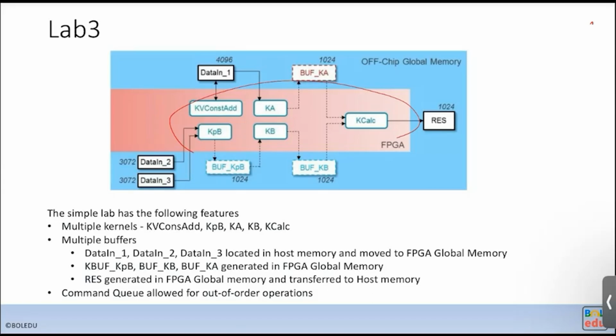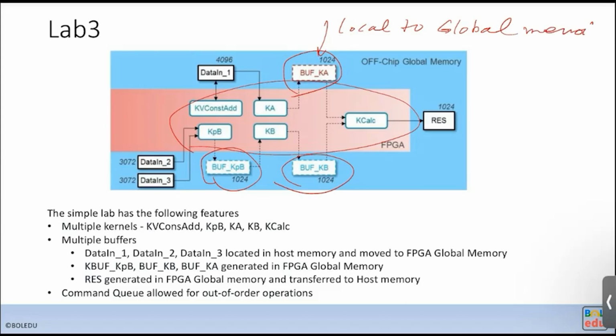And then we have multiple buffers. In particular, we have these 3 buffers local to the global memory. And these buffers, the 3 data in and 1 result buffer, will have a copy in host memory.